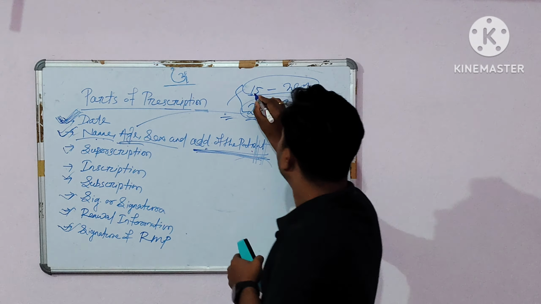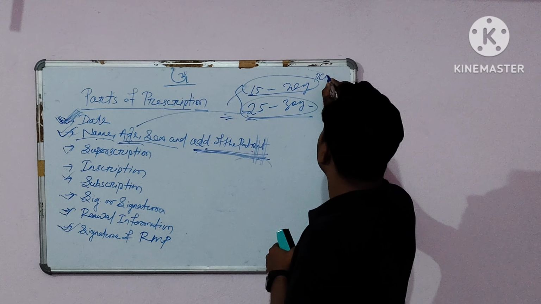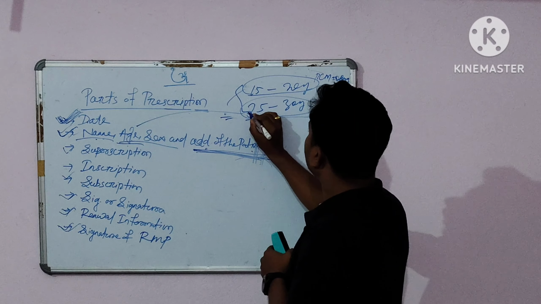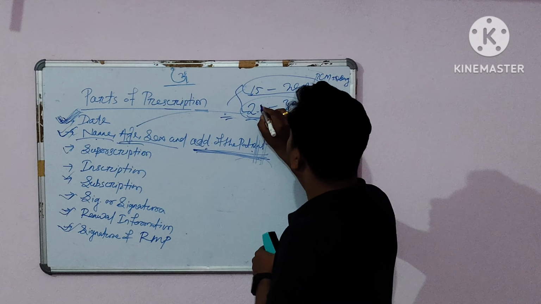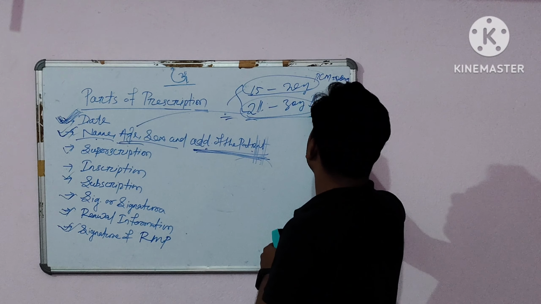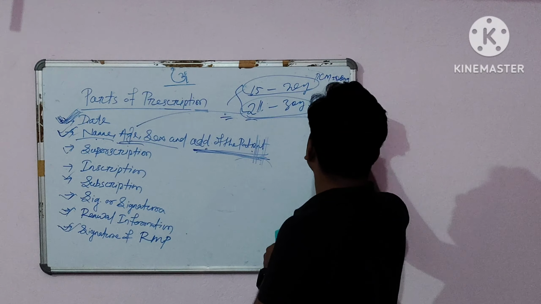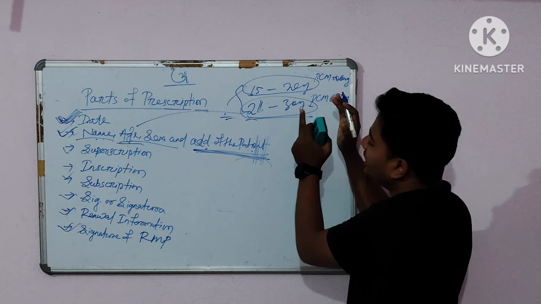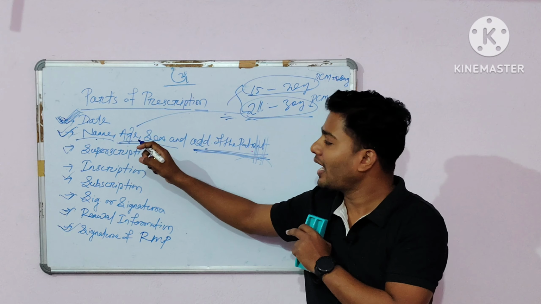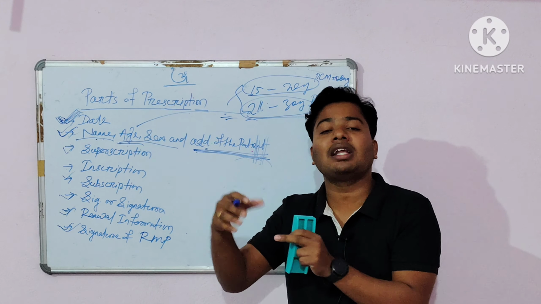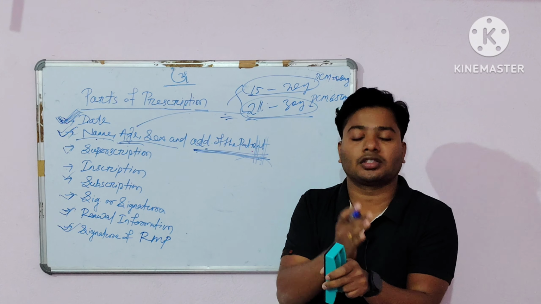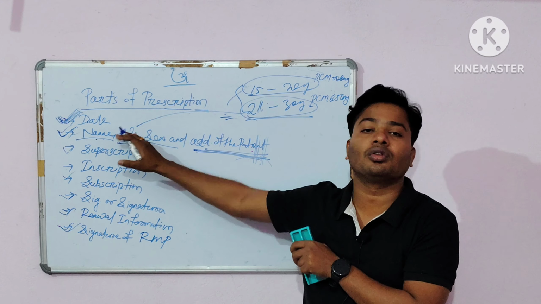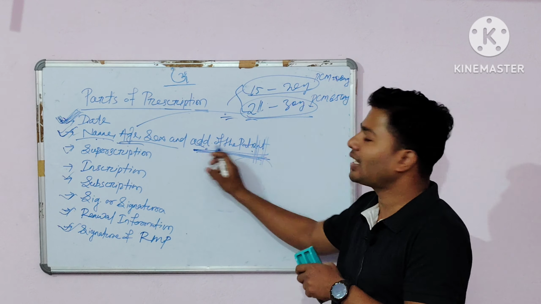As for example, for 15 to 20 years old, paracetamol 500 mg is prescribed by the physician, and for 21 to 30 years, paracetamol 650 mg is prescribed by the physician. That dose calculation is possible by the age. That means age is completely dependent upon the calculation of the dose, how much amount of dose is prescribed to the particular patient according to the age. Clear? Name, age, sex, and address of the patient.